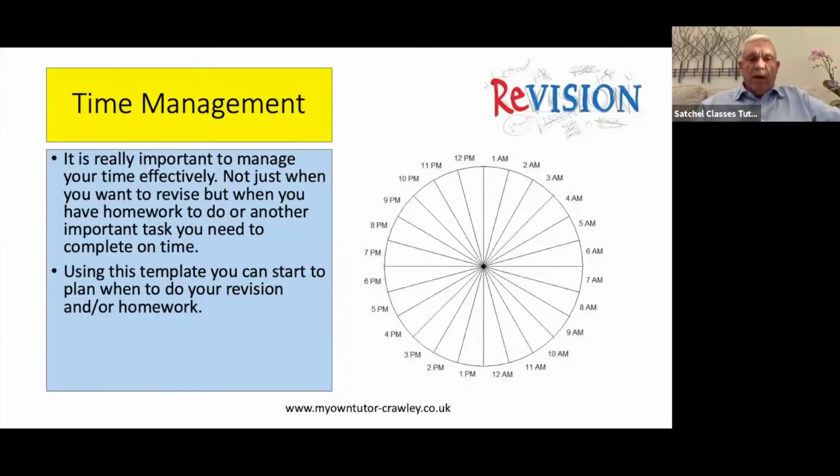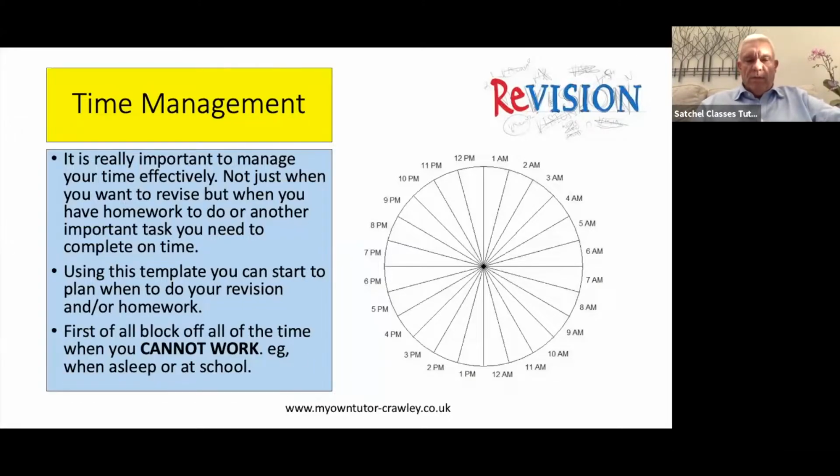If you use this template I've got here, it's like a revision wheel we call it, then you can really make sure that you block off any times that you can't work. So when you're in bed, when you're asleep, when you're at school, or when you're at certain clubs or anything like that.